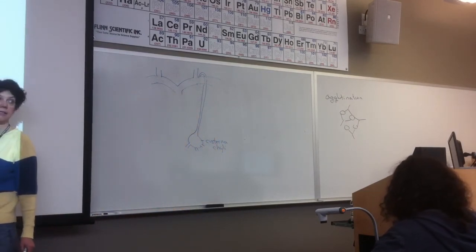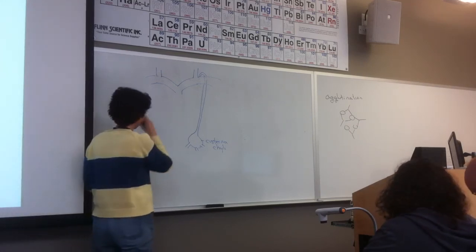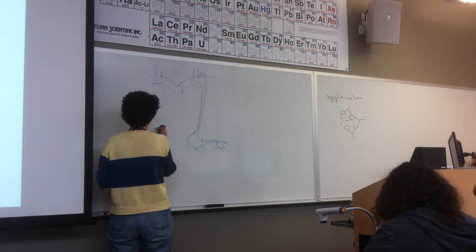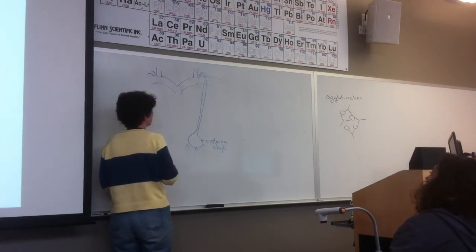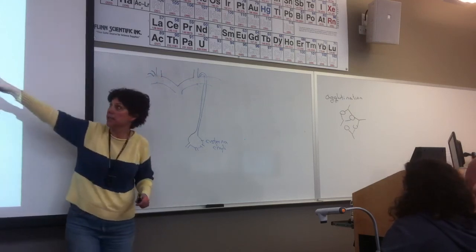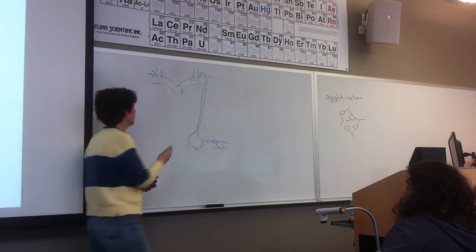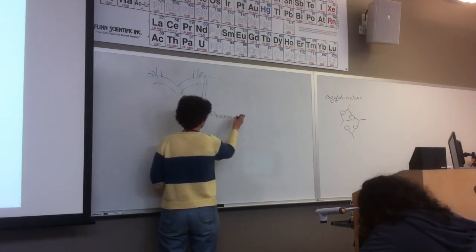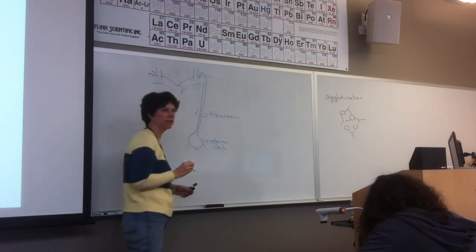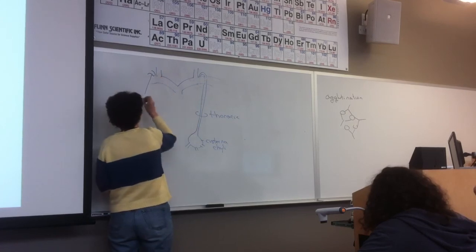So it's emptying in right here. So the left side, that's the left side. The right side has a very short duct, about an inch or so long, that drains the right upper extremity, right chest, and right head. So this is known as the thoracic duct. This is the thoracic duct, and this is the right.